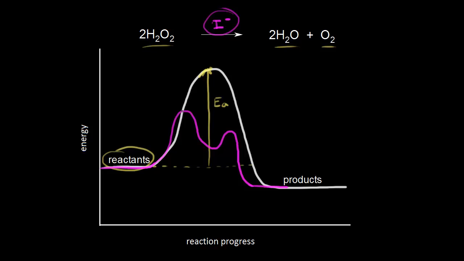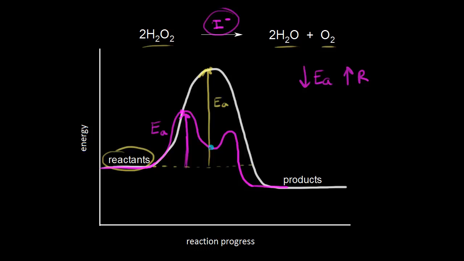This would be the transition state for the first step of our mechanism, and you can see the activation energy has decreased. Here we have a lower activation energy. Remember from an earlier video, if you decrease the activation energy, you increase the rate of your reaction, which you can see with the Arrhenius equation. So that's what the catalyst does. And then we reach this point right here.